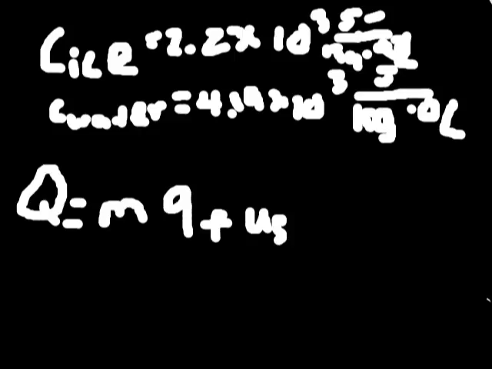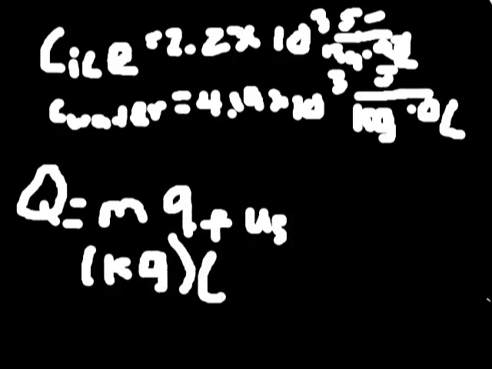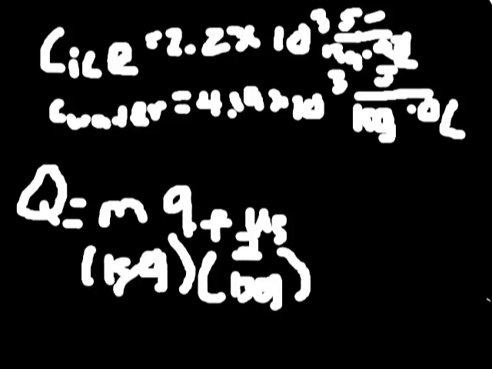Well, if you remember the units for mass and L, you get kilogram times joules over kilogram, and these cancel because the latent heat of fusion tells us how much heat is required to melt 1 kilogram of a substance from a solid into a liquid, and it also tells us how much heat needs to be removed for the liquid to be changed back to solid. So in this case, we would use the heat of fusion. And you notice that using unit dimensions, these kilograms cancel.